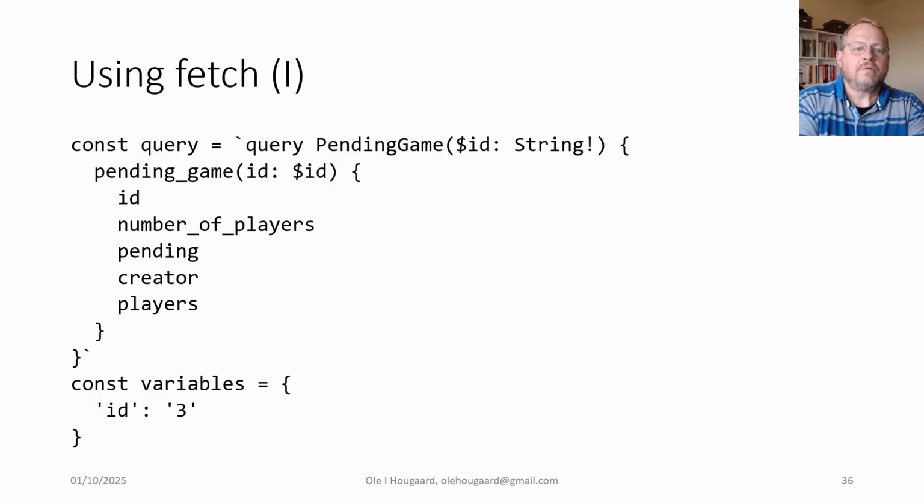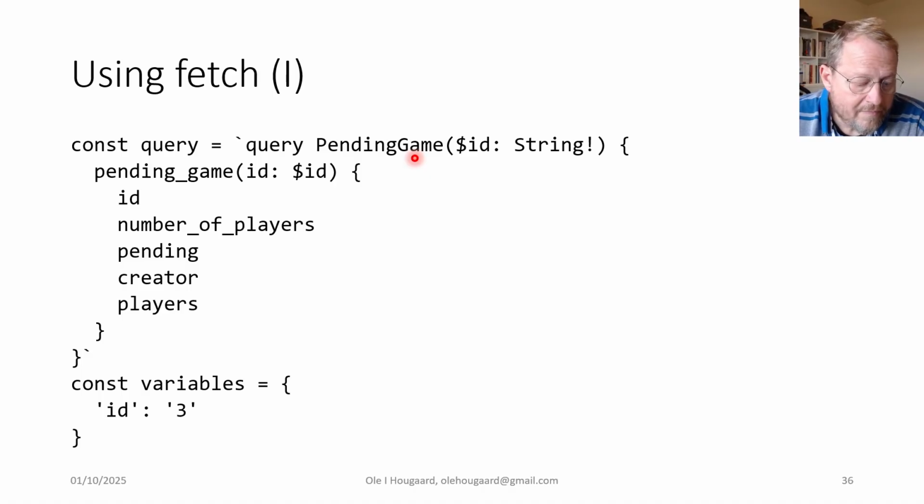So I designed the pending game to have a parameter, and I think you can get away with leaving the name out and all that stuff, but this is kind of the normal way to do it. It's also, as I will show you at the end, something you can get automatically by a generating tool, and that would actually do something like this.